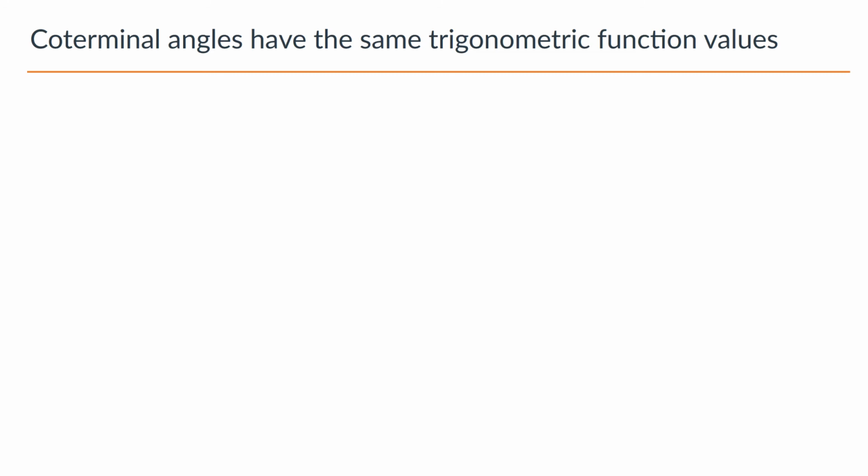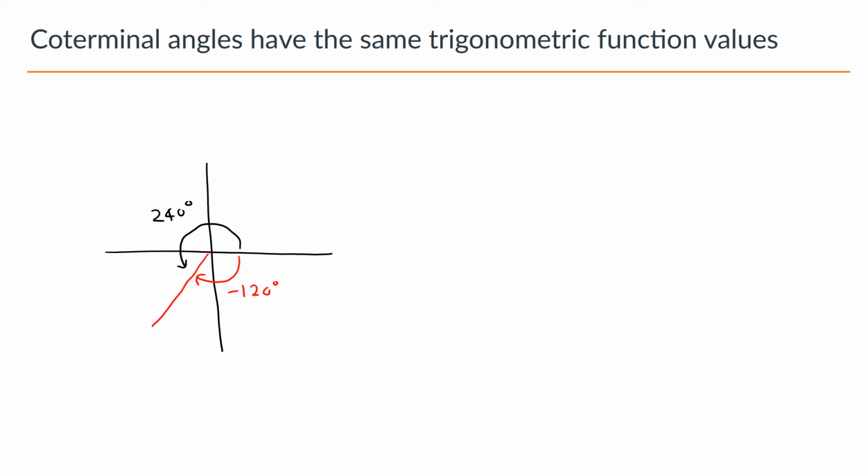So let's look at two cases. So let's talk about this one. So for example, this angle negative 120. If you talk about negative 120, like this angle, and the positive 240, they have the exact same ratio, because those two angles have the exact same terminal side.